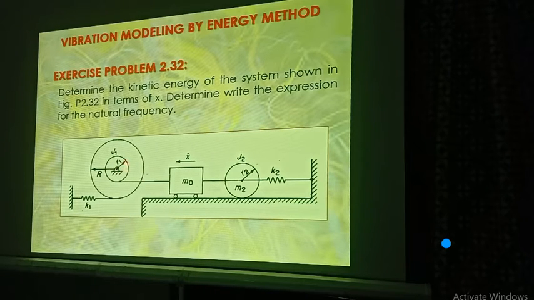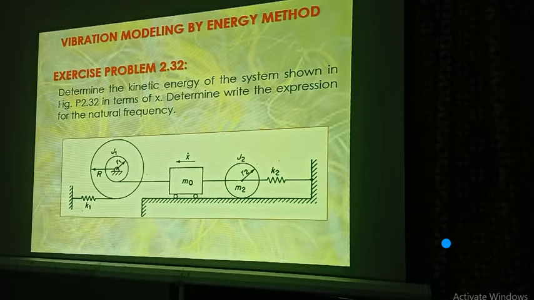So this small disc is connected with the translation mass m0 whose translational velocity is x0. This translation mass is further connected with the smaller disc of radius r2 and mass m2 having moment of inertia J2, and that is further connected with another elastic element having stiffness k2, which is then connected with the fixed support.